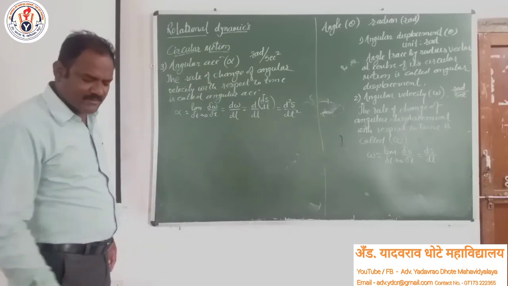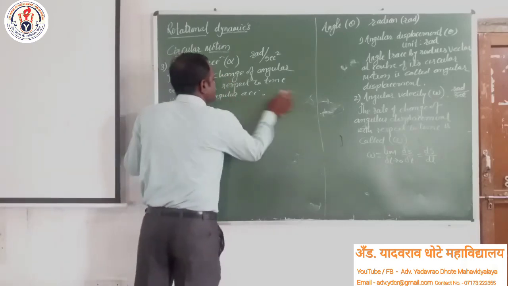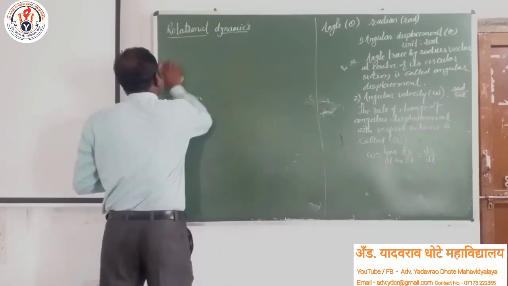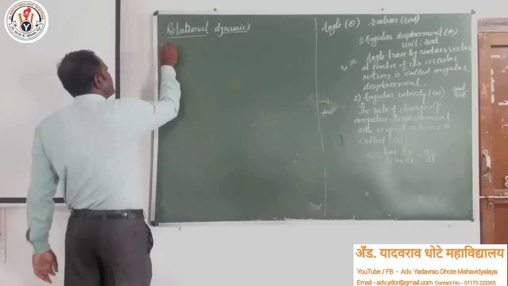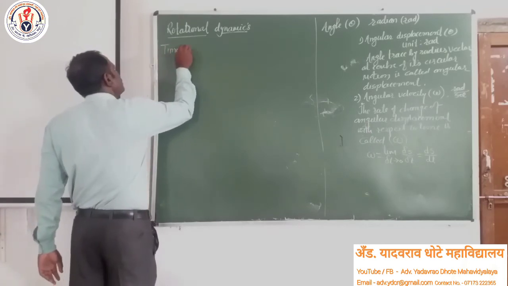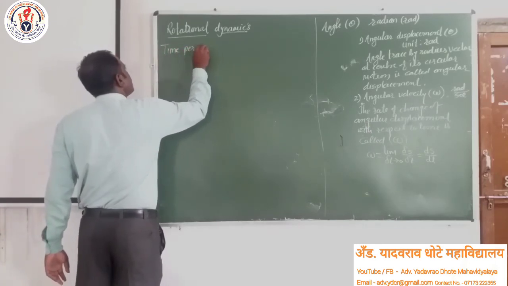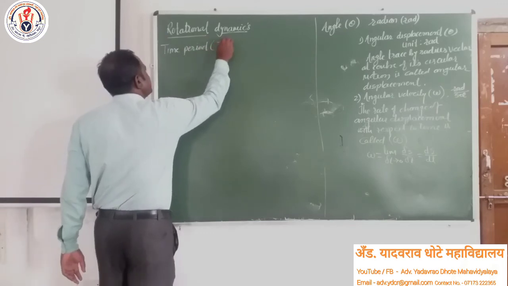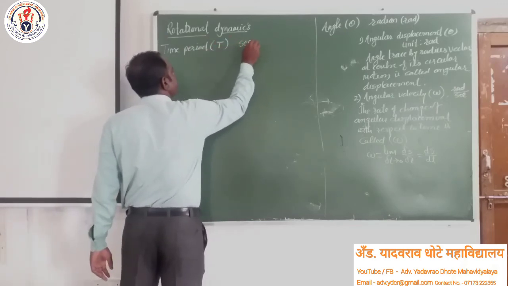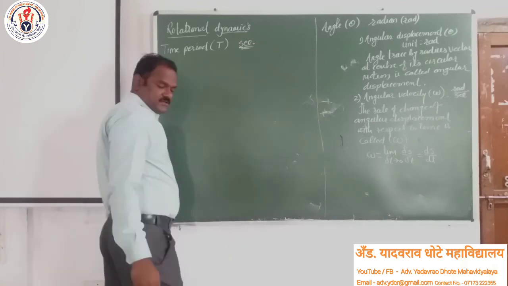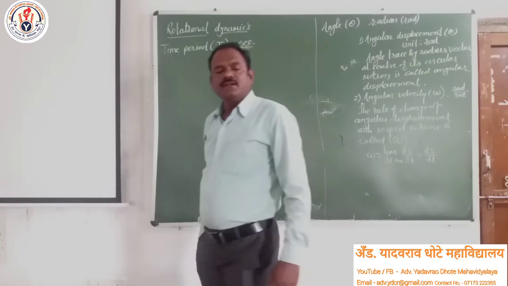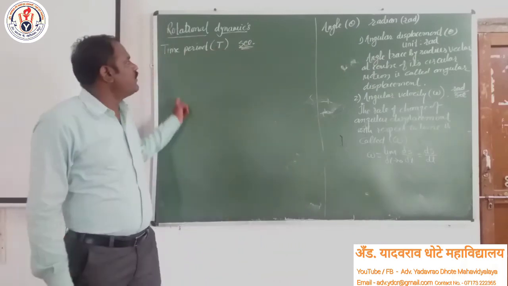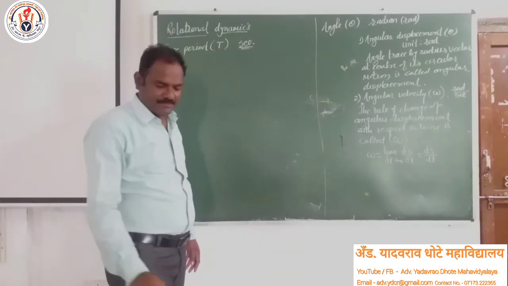Now again we come across a new topic, the time period, denoted by T, and unit is second. So what is the time period? The time taken to complete one revolution is called the time period.